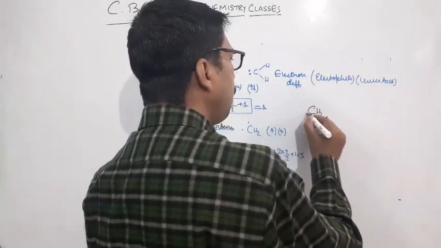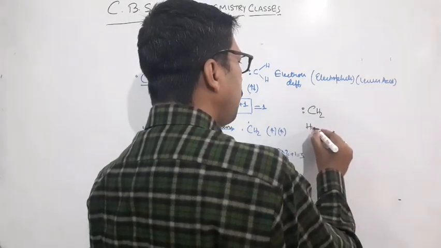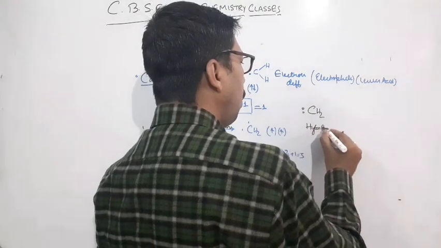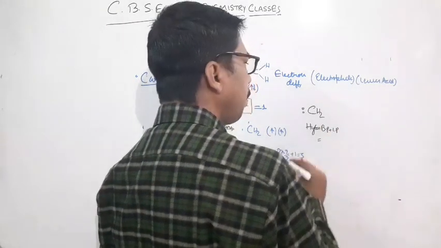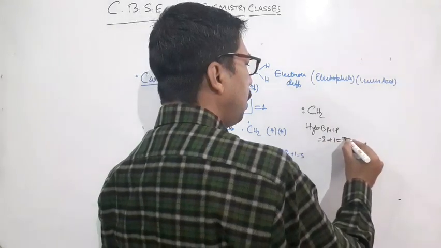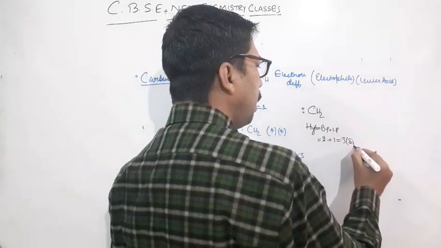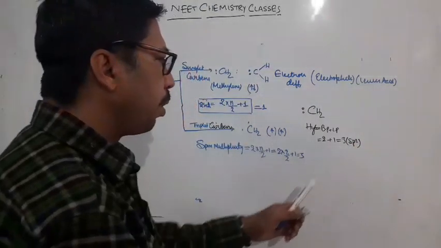This is singlet carbene. The hybrid orbital will be bond pair plus lone pair. How many bonds there? 2. Lone pair 1, 3. It means it will have sp2 hybrid orbital.